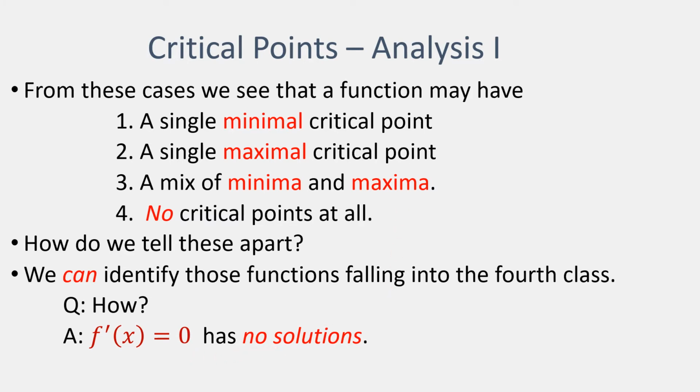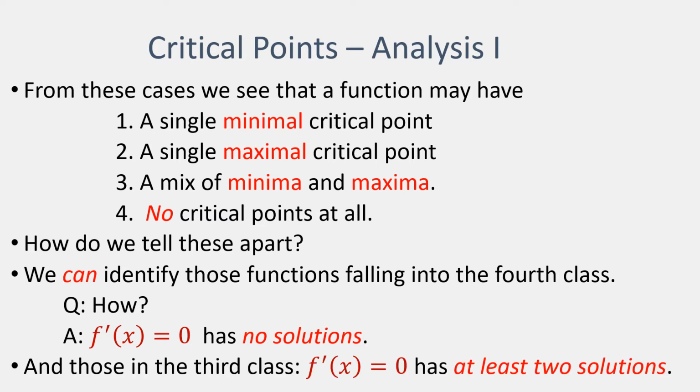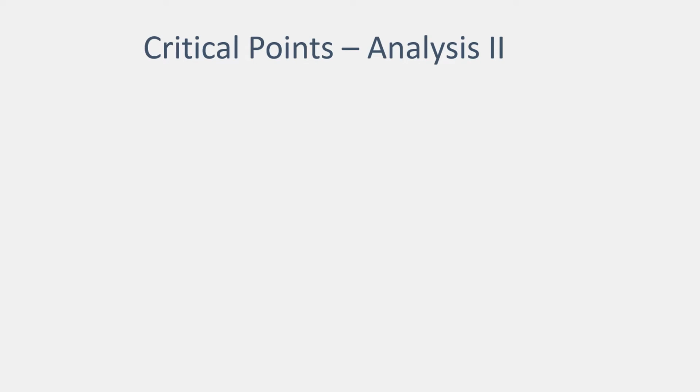So that's the class of functions we find in this case here. For those in the third class, the mixture of minimum and maximum values, in order for a function to have both a minimum and a maximum, this identity must have at least two solutions. Okay? So two of those cases we can deal with.